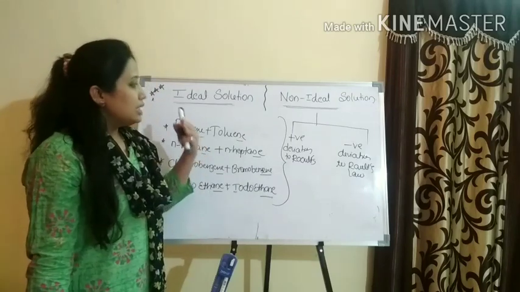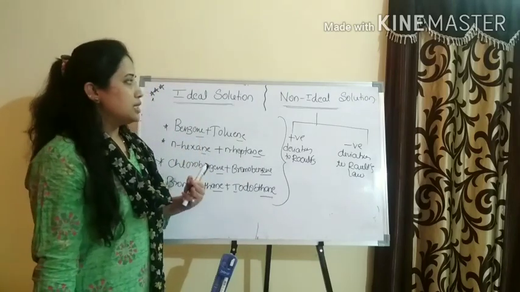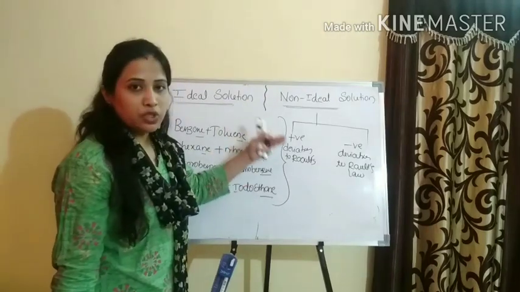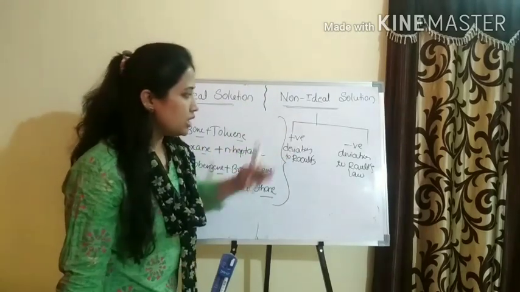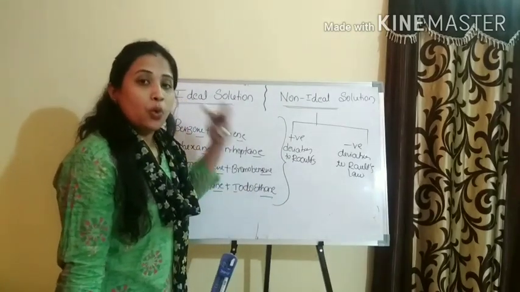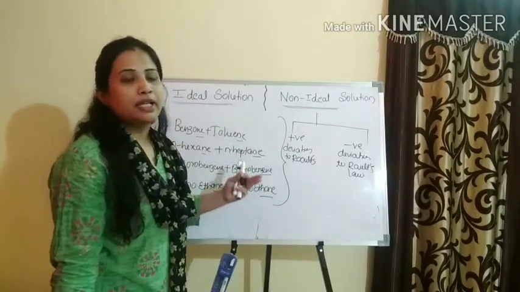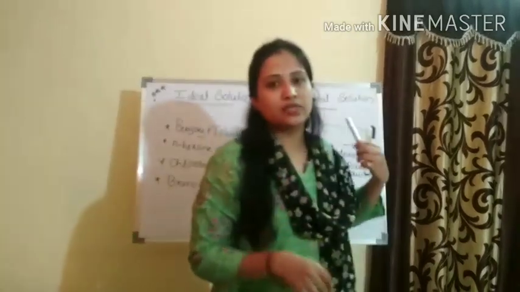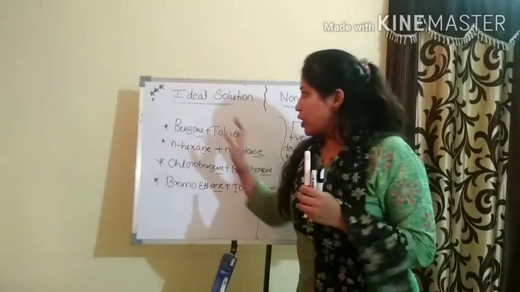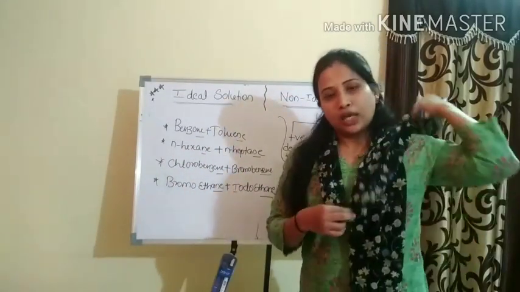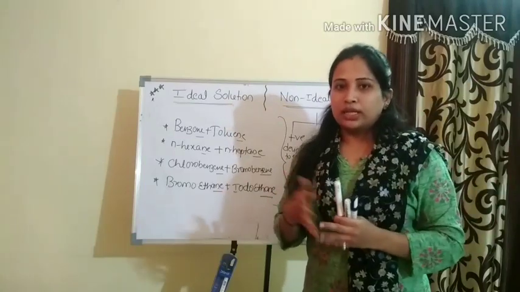Now, in the next video, we are going to discuss in detail the non-ideal solution with a positive deviation and a negative deviation, their examples, their graphical representation, and why it happens like this. All these reasons and points we are going to discuss in our next video. I hope whatever points I have explained here you have gone through, and I hope you are getting it very clearly.